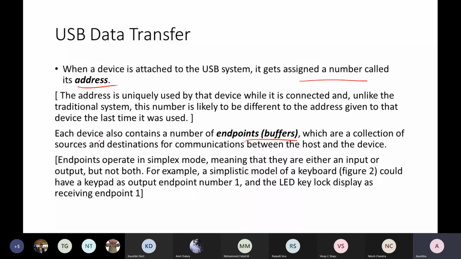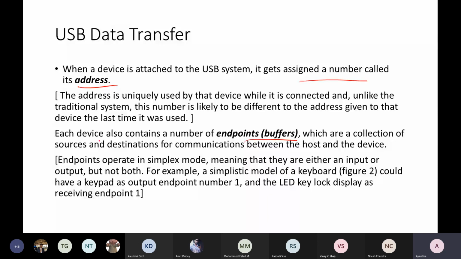Some particular keypad is communicating with the PC and sending some input data to the PC. In that case, that particular keypad or the buffer associated to that keypad is your endpoint, and your device is the keyboard. So the particular portion of your device related to that data communication, maybe data output, data input or storage, that particular portion we mention as an endpoint.